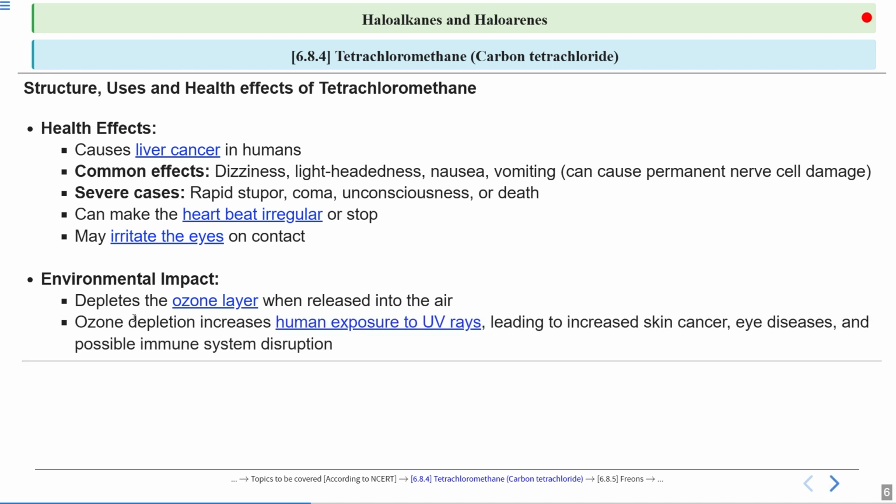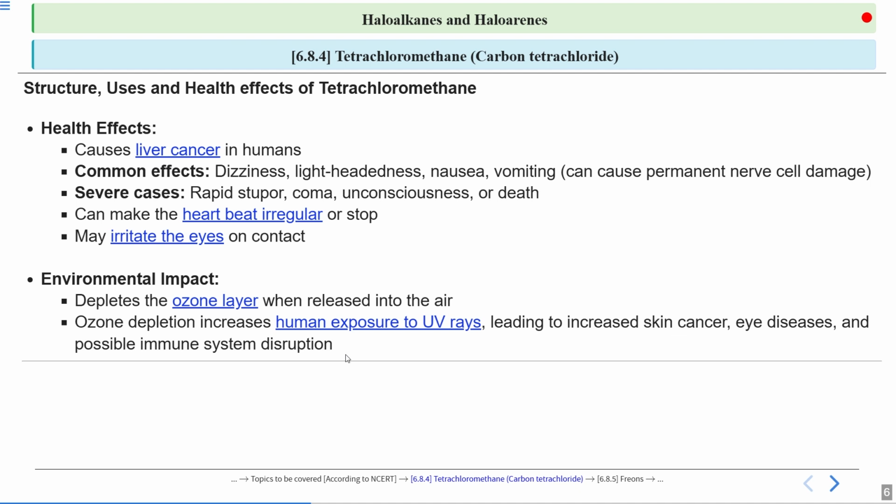If there is any depletion of the ozone layer, it will increase human exposure to ultraviolet rays, leading to increased skin cancer, eye disease, and possible immune system disruption, because UV rays are invisible.